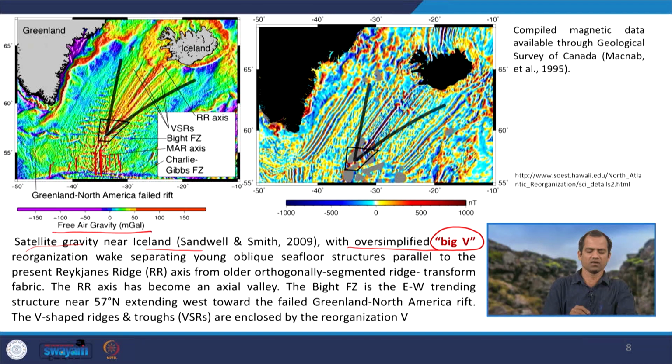So, now you see this is the orientation of the new ridge, and finally a V is formed and is affecting the system. This is the shear zone, and here new magnetic strips are developed parallel to the ridge, and we have old magnetic strips here, and here we are getting these shadow faults.